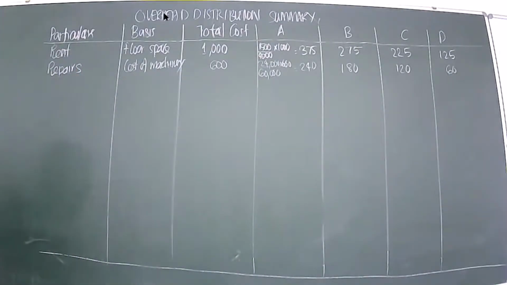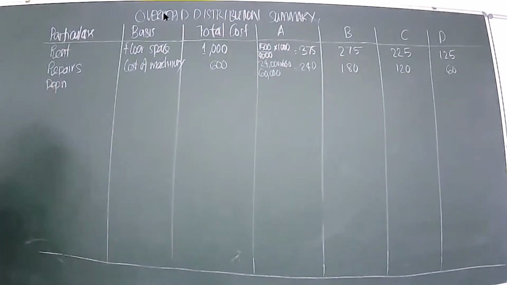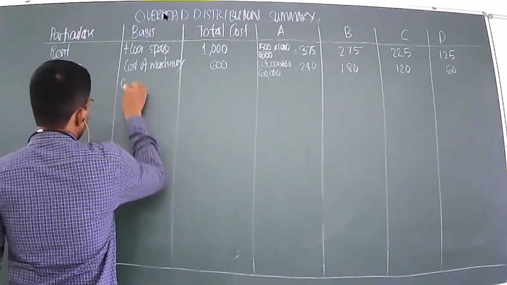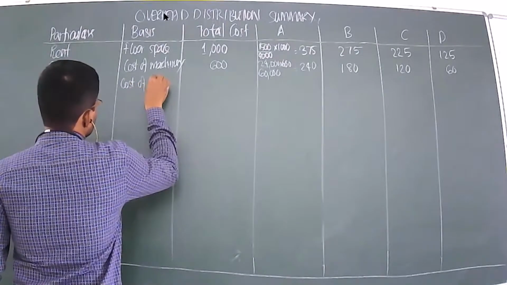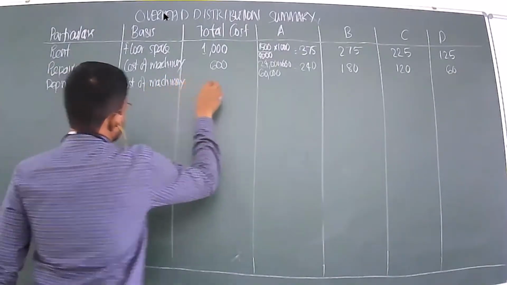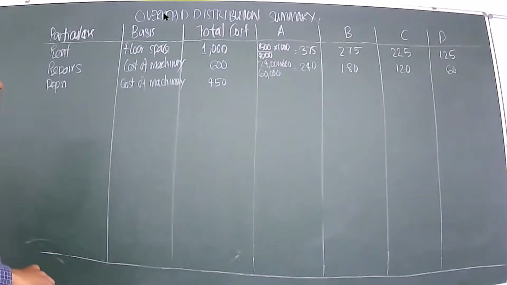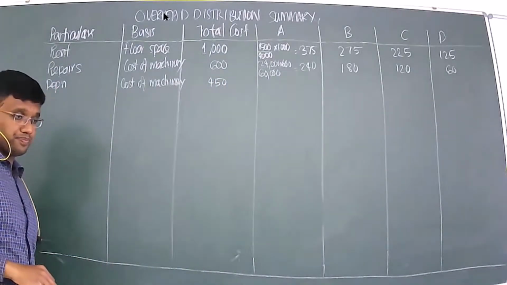After repairs, we have depreciation. How much is depreciation? Depreciation is again based on cost of machinery. We saw that the total is 450.